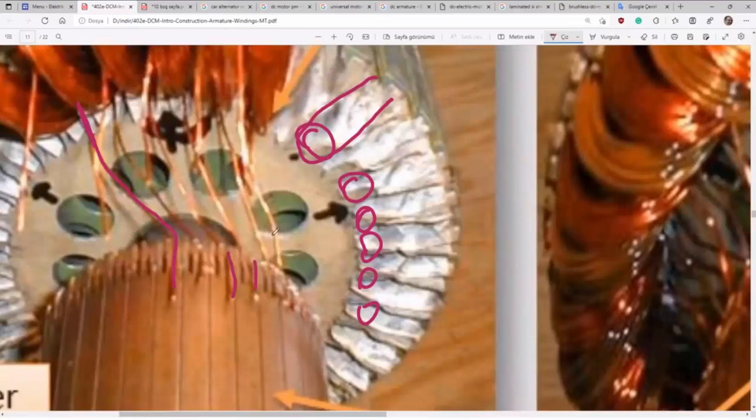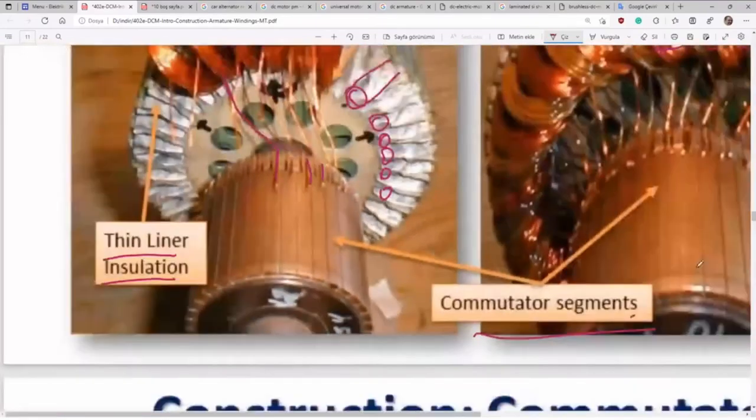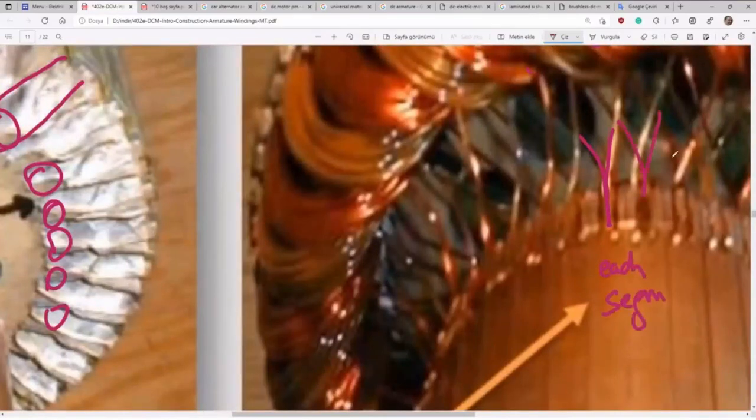In fact, in the complete view, there are always two connections for each segment. They are V shaped.